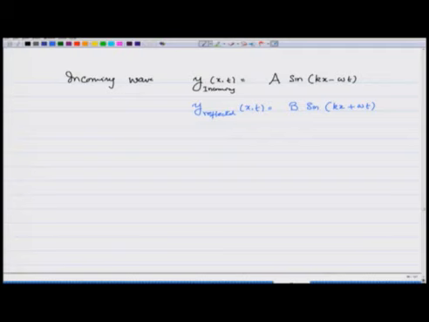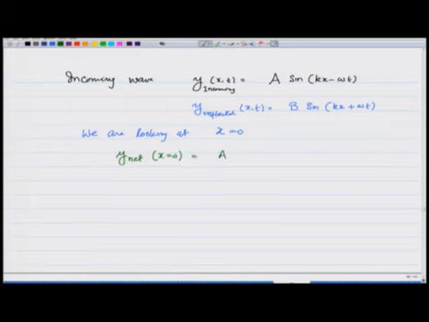We are looking at x equals 0, and therefore, y net at x equals 0 is nothing but minus A sine of omega t plus B sine of omega t, and this should be 0.